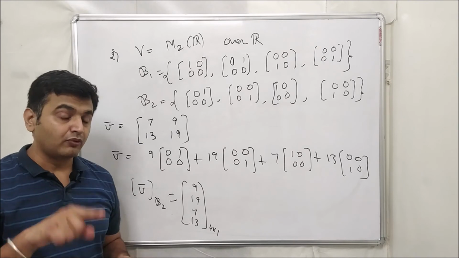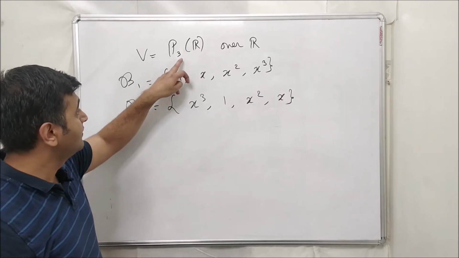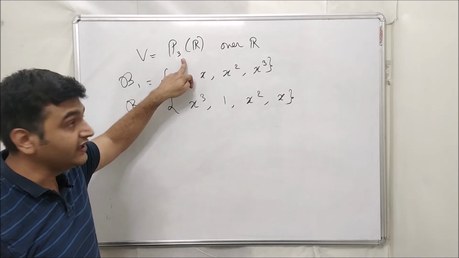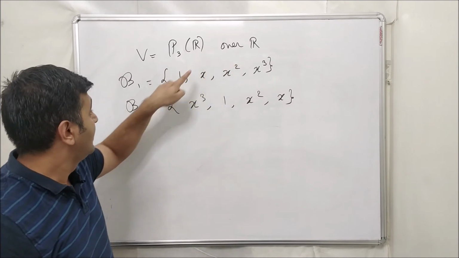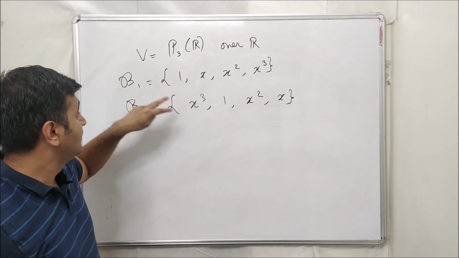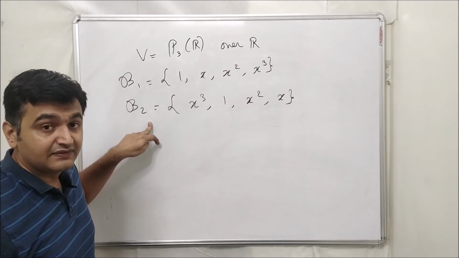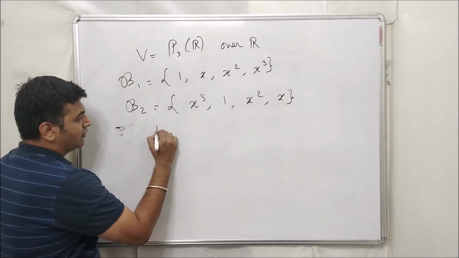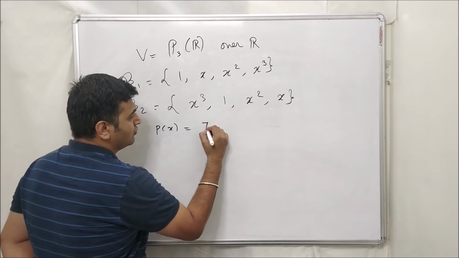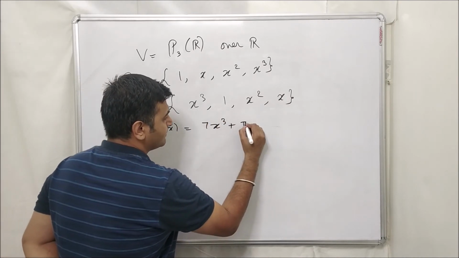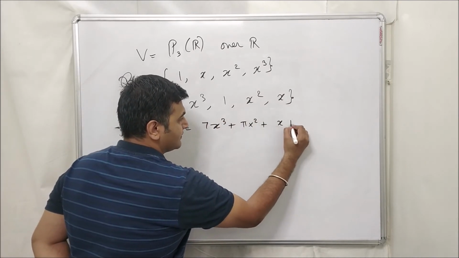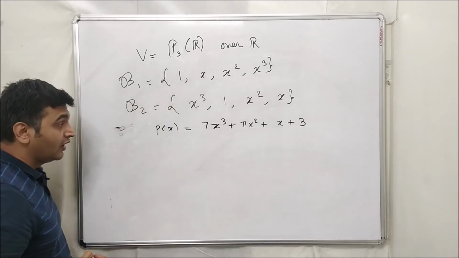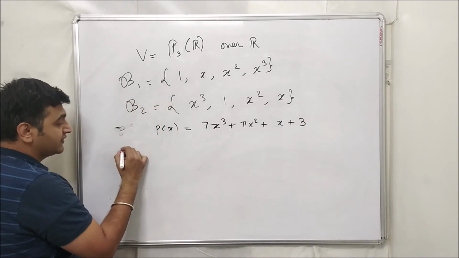So that's how you find the coordinate vector. And let's go for the polynomials now. Let's take polynomials of degree less than or equal to 3 over real numbers, and the coefficients are also real. Let's take B1 and B2 as the bases for this vector space. Now you take a polynomial, say P of x equals 7x cube plus pi x square plus x plus 3. Let's do first with respect to B1.